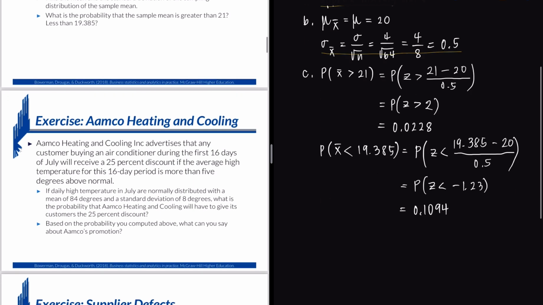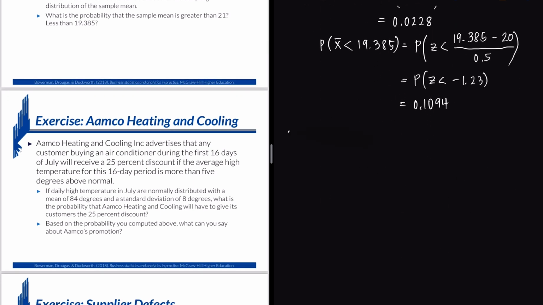Now let's look at another example. In this particular example, a company advertises that any customer buying an air conditioner during the first 16 days of July will receive a 25% discount if the average high temperature for the 16-day period is more than 5 degrees above normal.